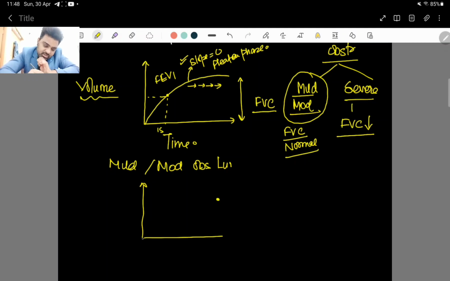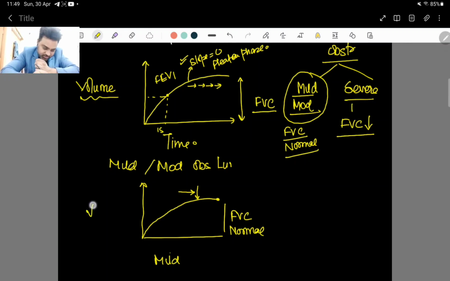But the plateau phase will shift towards the right side. So now the plateau phase will be here, that is, it will shift towards the right side, and FVC will be normal. So this will be the volume time graph in case of mild to moderate obstruction.